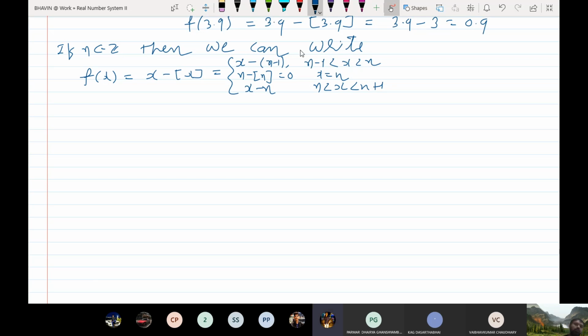What does this 0 to 1 line represent? This much portion. It will be 0 to 1, including 0, not including 1. Yes, if your x is between 0 and 1, then box of x is 0. Then this is 0 and this is just x.